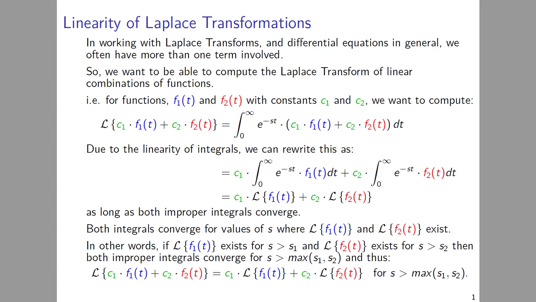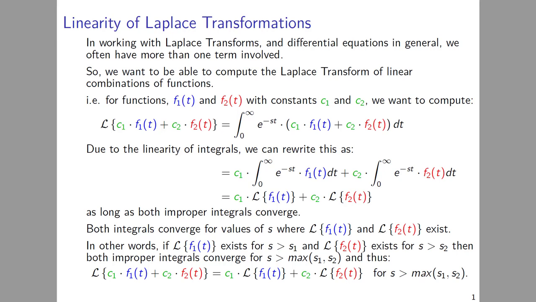In other words, if the Laplace transform of f1 exists for s bigger than s1 and the Laplace transform of f2 exists for s greater than s2, then we want to know the values of s where both of them exist. But as long as s is bigger than both of them, in other words, s is bigger than the max of s1 and s2, then both Laplace transforms will exist and both improper integrals will converge.